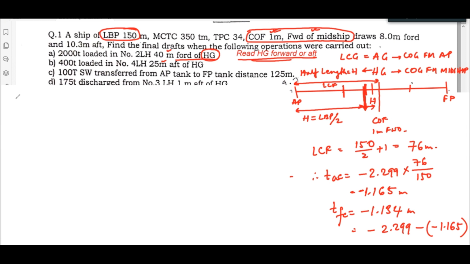So in the next step, we are supposed to find out the mean change of draft or DMC. 0.6838, sir. Mean change of draft is equal to ये plus में ही आएगा ना, 222. Sum of it divided by TPC into 100. Yeah, divided by TPC into 100.